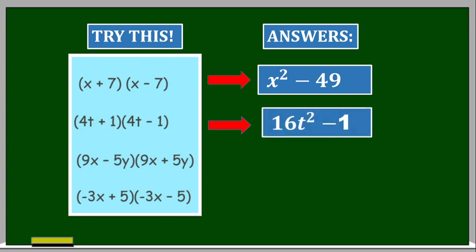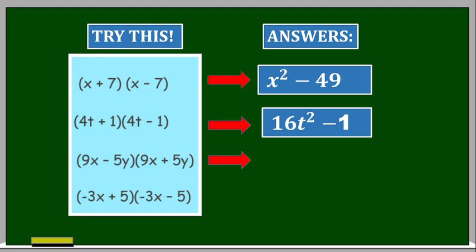For the next number, square of the first, that is 9. You square 9. 9 times 9 is 81. Square x, that is x squared. Minus the square of the second, we have 5. 5 squared is 5 times 5 equals 25.